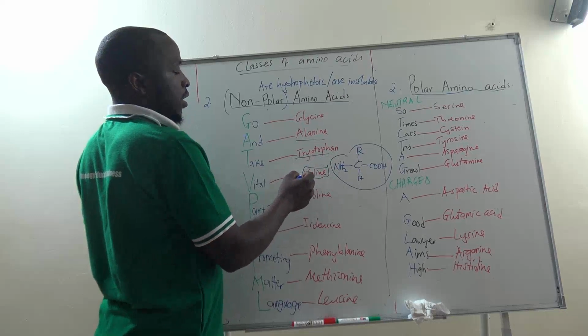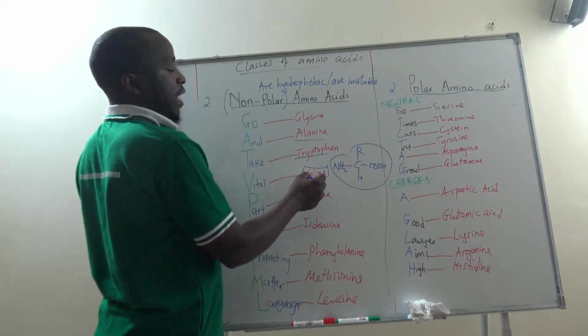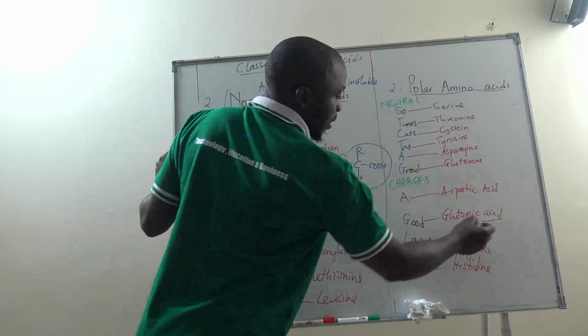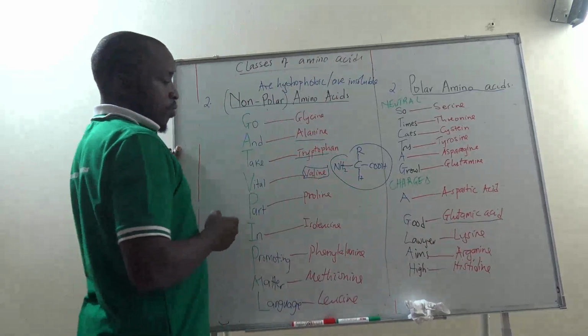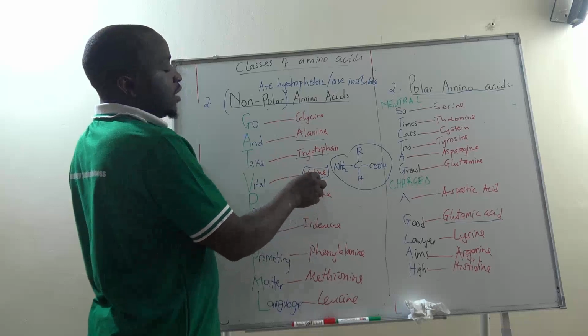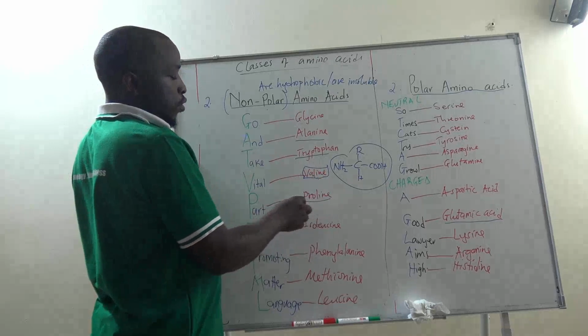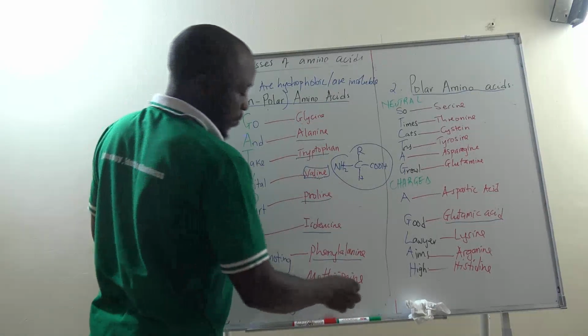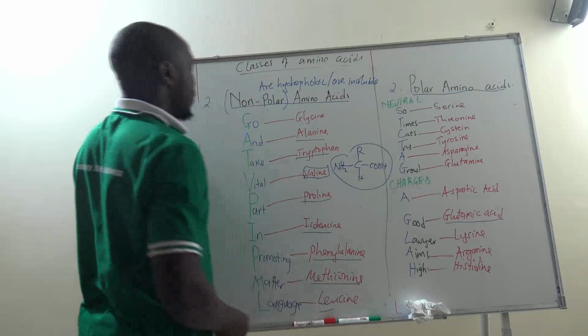We shall come back to the effect of valine when it substitutes glutamic acid in the hemoglobin polypeptide chains. Proline is non-polar, isoleucine is non-polar, phenylalanine is non-polar, methionine and leucine.